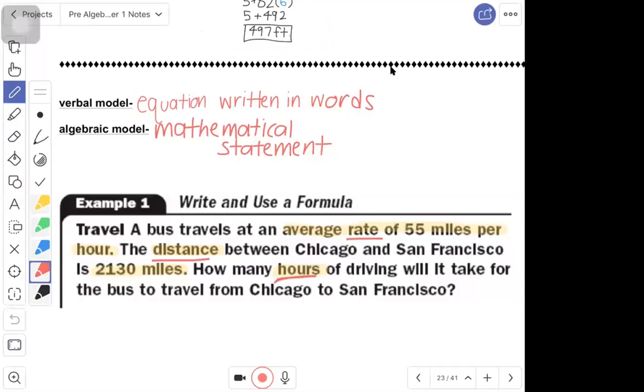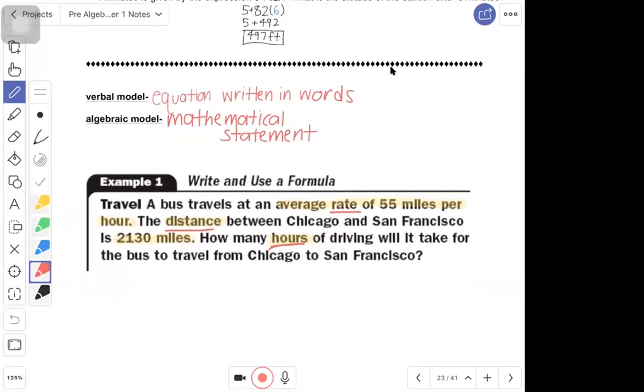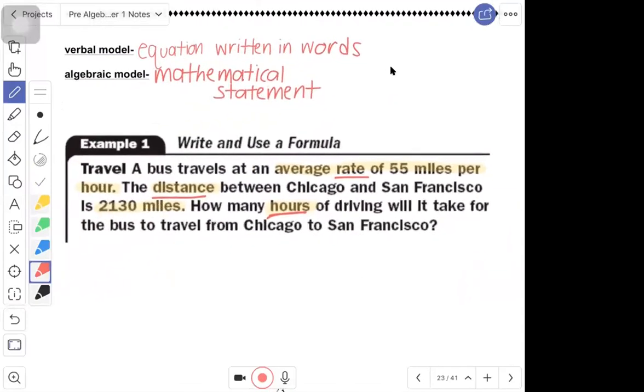So if we remember from the last section, we did the distance formula. We explained the distance formula. Does anyone remember what that distance formula is? It's distance equals something. We just had this on our quiz on Friday too.